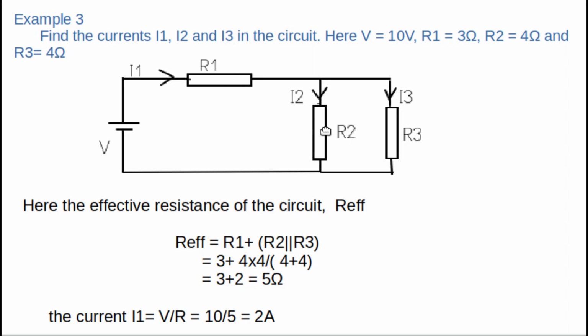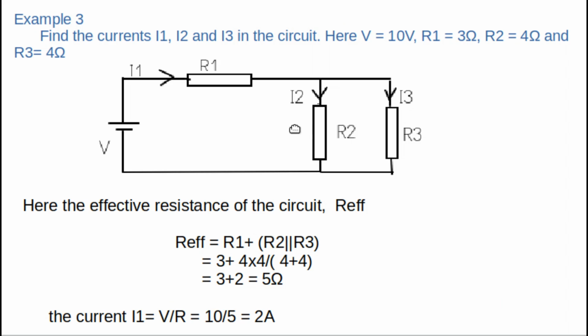So the total resistance of the circuit is R1 plus the effective resistance of R2 and R3. That is what we write here. The R effective is equal to R1 plus the parallel combination of R2 and R3.